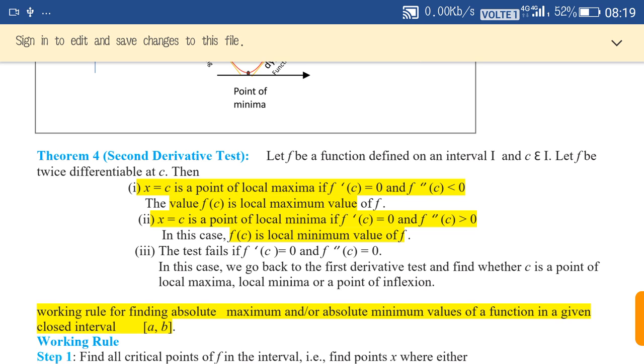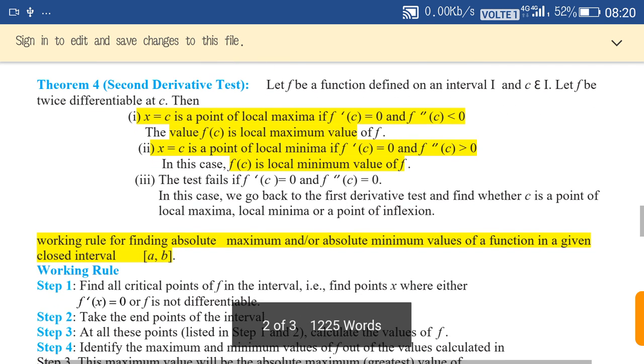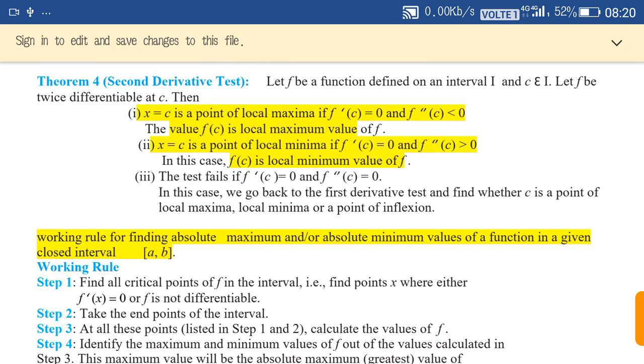Then this point is called the point of maximum. And x equal to c is the point of local minima if f dash c is equal to 0, means c is obtained when you put the first derivative as 0, and now check f double dash at that point and it comes positive.